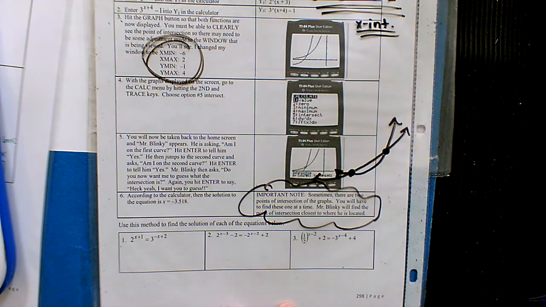Notice how that can create 2 intersection points. So we just have to be careful to make sure that we have a window available to us, or we think of one, that can show 2 intersection points if there are 2. But there's probably never going to be more than 2. I don't know if that's possible. So it's either no intersection points, 1 intersection point, or 2.